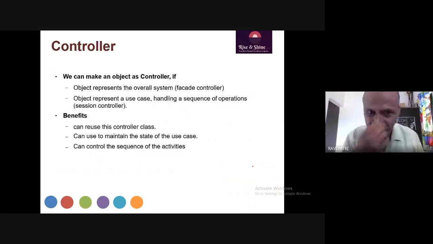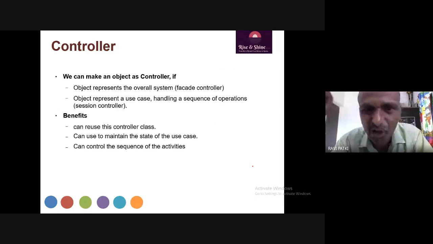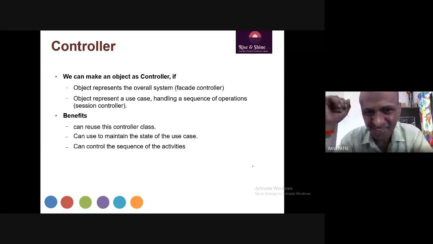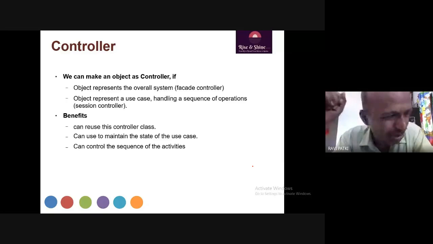So controller, we can make an object as a controller if the object represents the overall system. Who will be the controller? In a class, who is made the monitor? Who will be the CR of the class? Who knows the whole class?